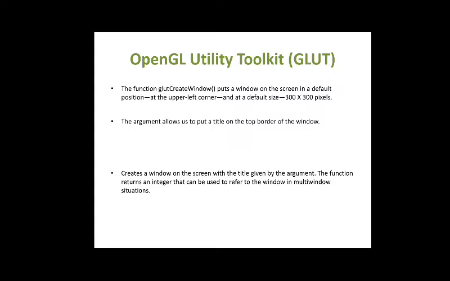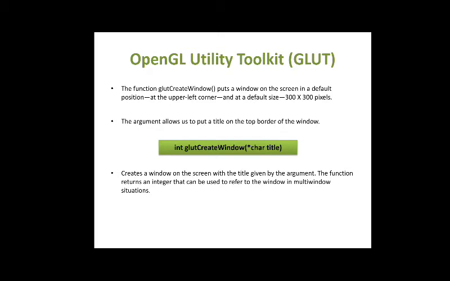So, what are the commands we are using over here for this? Whenever I am creating a window, I will say integer glutCreateWindow and I will provide some title to that particular window. The argument allows us to put a title on the top border of that window. So, whenever I am creating any window, I can put a title on that window by using this create window function.